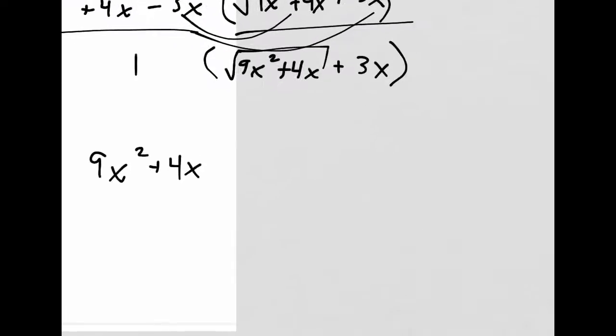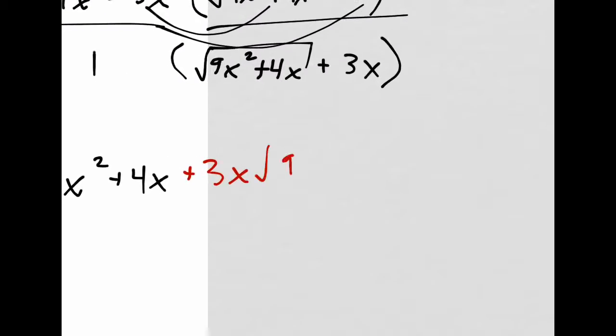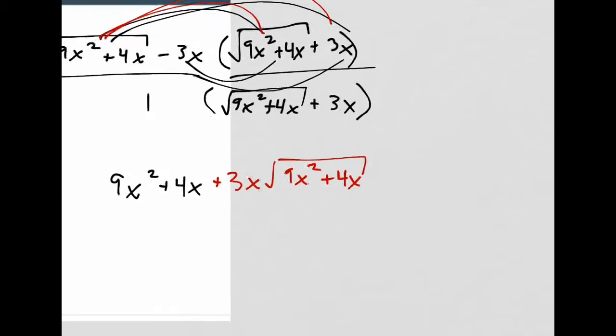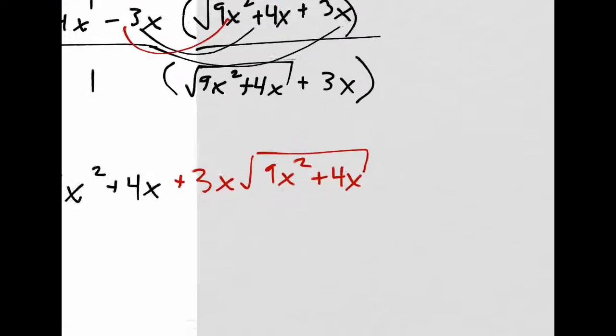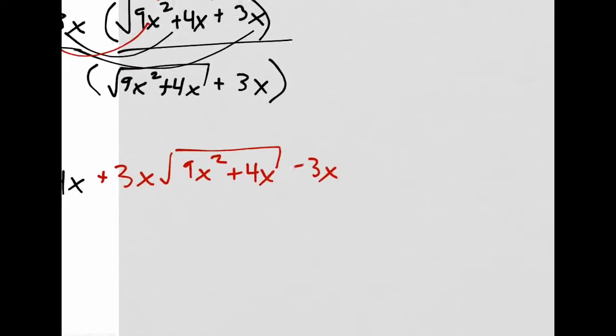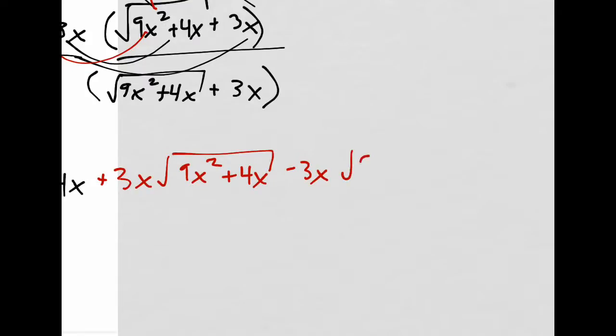This times this, I get a 3x is positive, 3x times the square root of 9x squared plus 4x. Right there. And then I do the negative 3x times that, so it's negative 3x times the square root of 9x squared plus 4x.